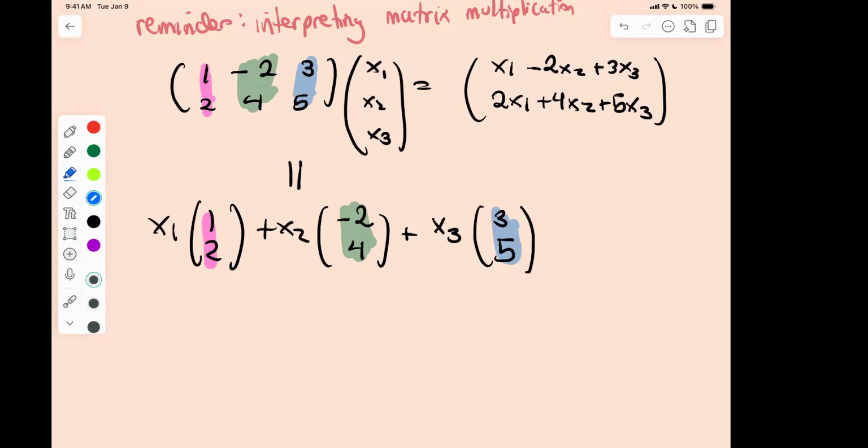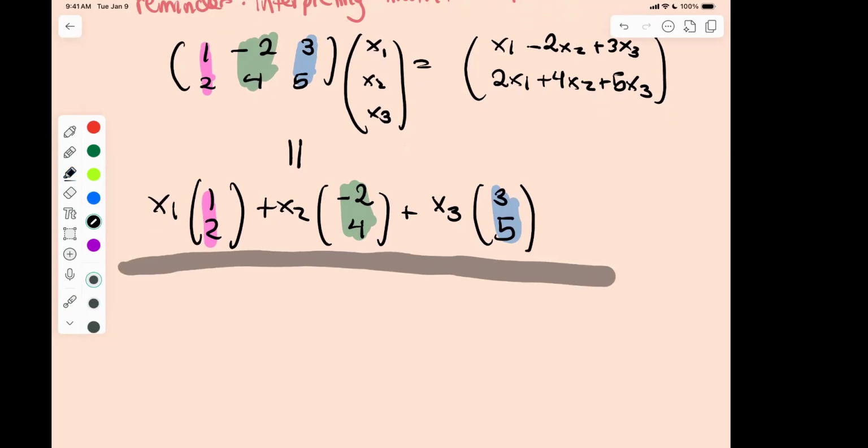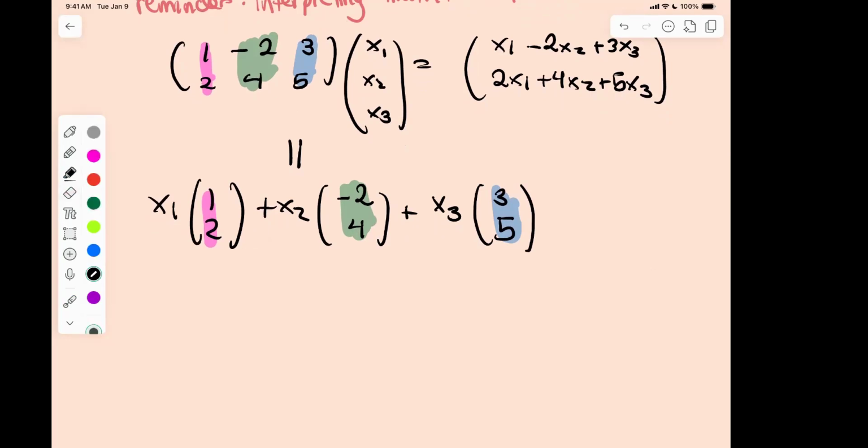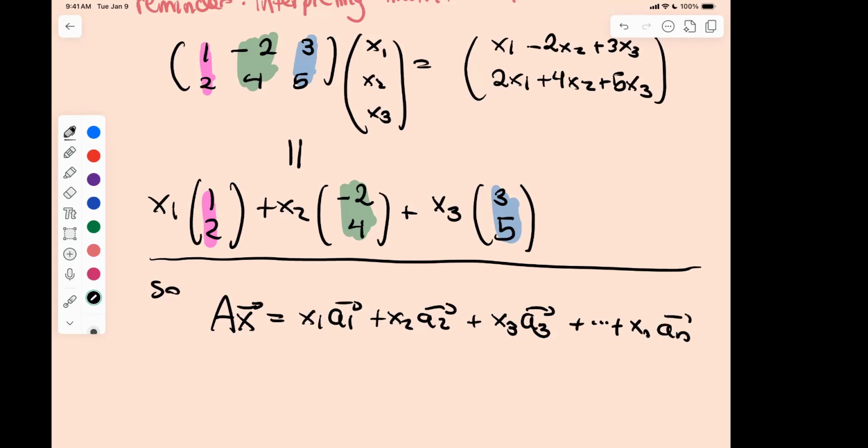So just to make it a bit more clear, what I'm saying is that if you have a matrix times a vector, so in A, a matrix times a vector X is x1 a1 plus x2 a2 plus x3 a3 up to xn an, right?